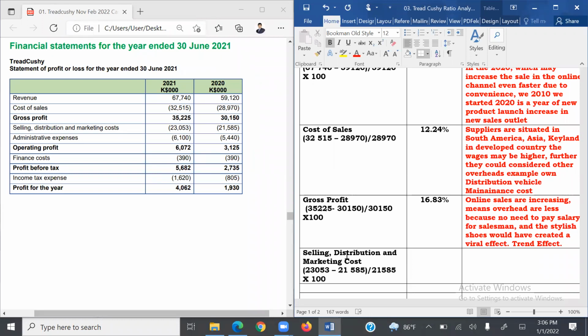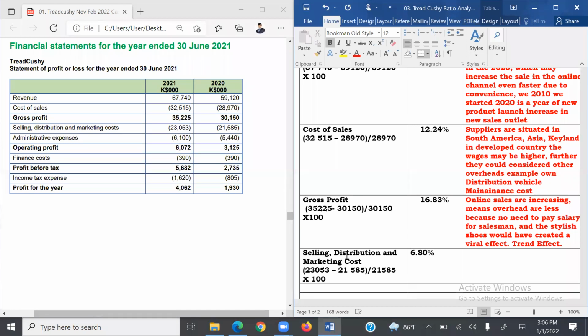It's not difficult. 23,053, 21,585. So effectively here, I think you will be getting an answer of 6.80. If I'm not mistaken, it is 6.80 percent.